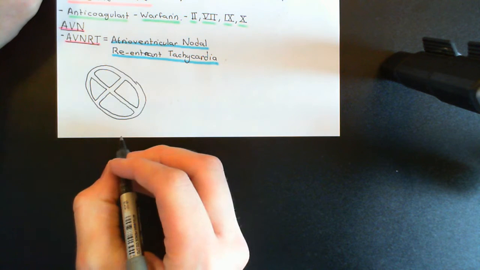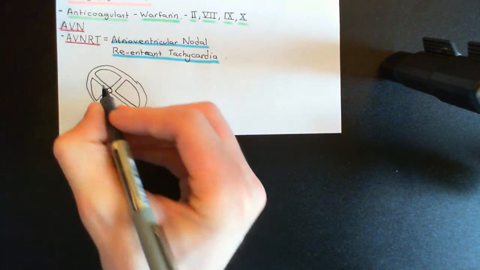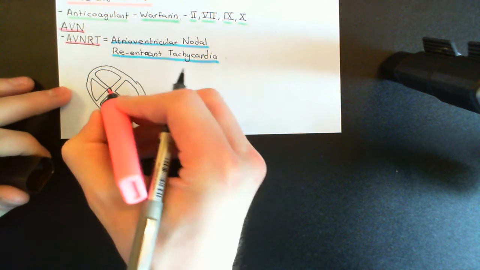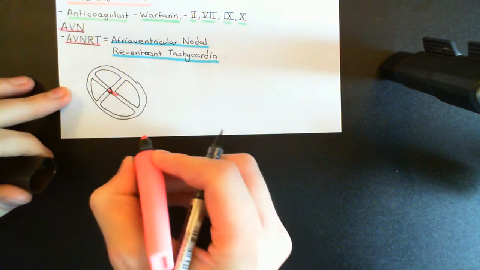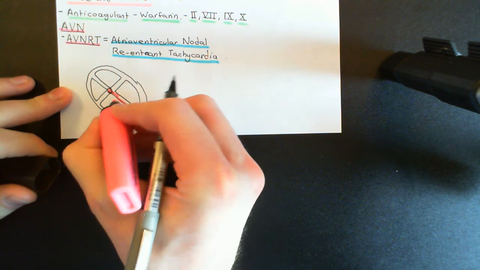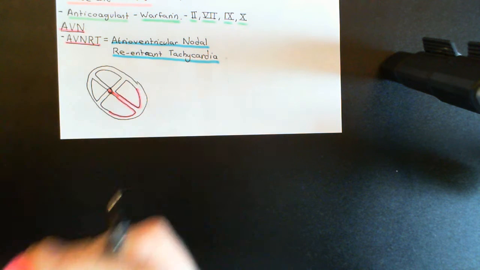Okay, so now let's put on the AV node here. So let's have the AV node like so, and I'll also add on the His-Purkinje system. So here, this can be the bundle of His, and then it will split into the right bundle branch here, and then the left bundle branch here. That will help us later on.